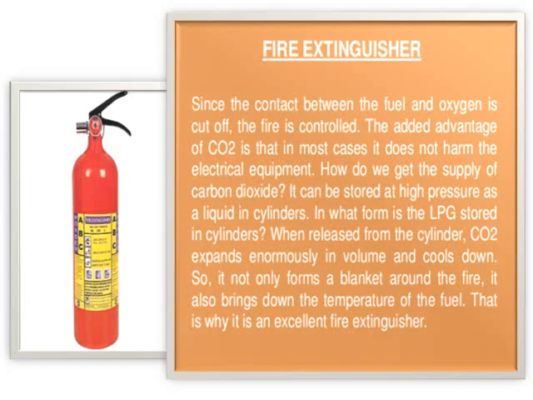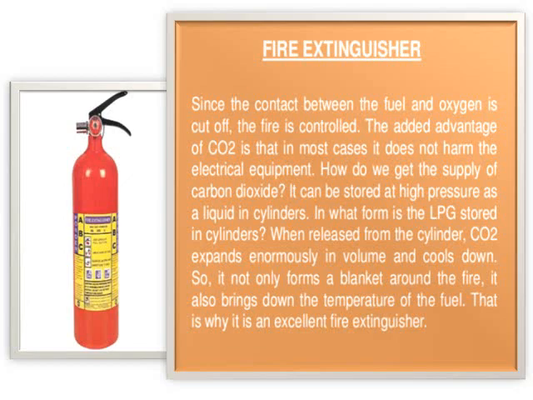Since the contact between the fuel and the oxygen is cut off, the fire is controlled in the case of a carbon dioxide fire extinguisher. The added advantage of carbon dioxide is that in most cases it does not harm the electrical equipment. How do we get the supply of carbon dioxide? It can be stored at high pressure as a liquid in cylinders.